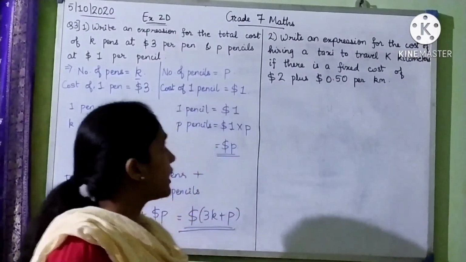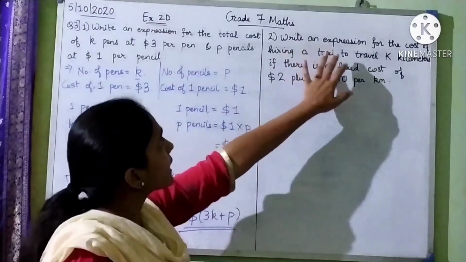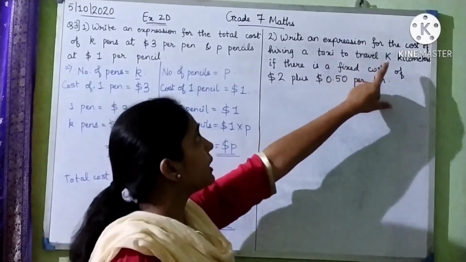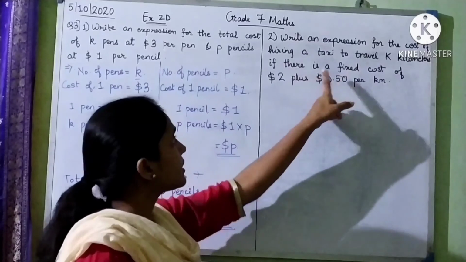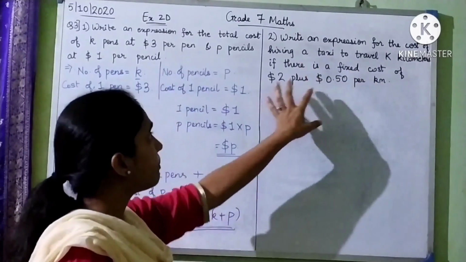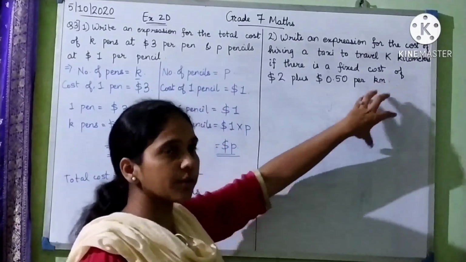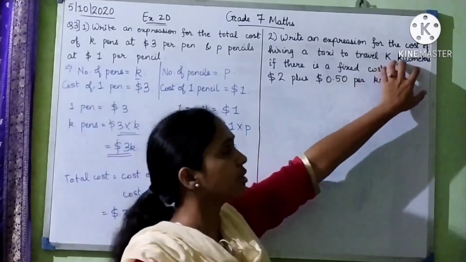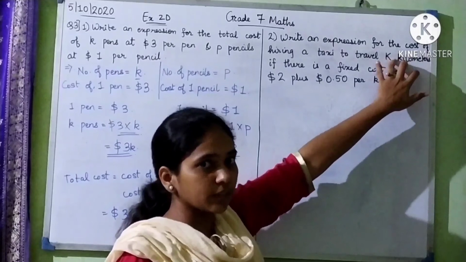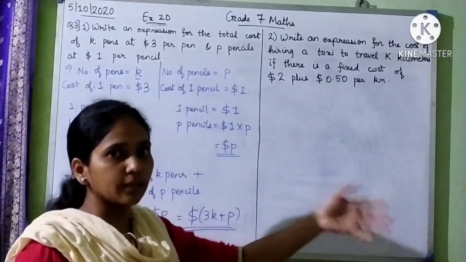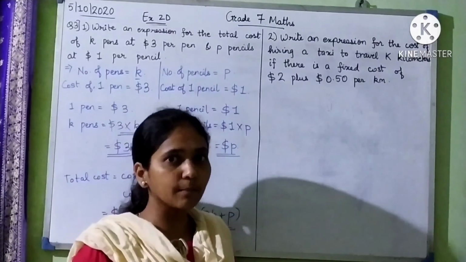Now the second question. The second question is, write an expression for the cost of hiring a taxi to travel K kilometers if there is a fixed cost of $2 plus $0.50 per kilometer. That means a person has to travel K kilometers. But to travel K kilometers, he has to pay some amount, right?